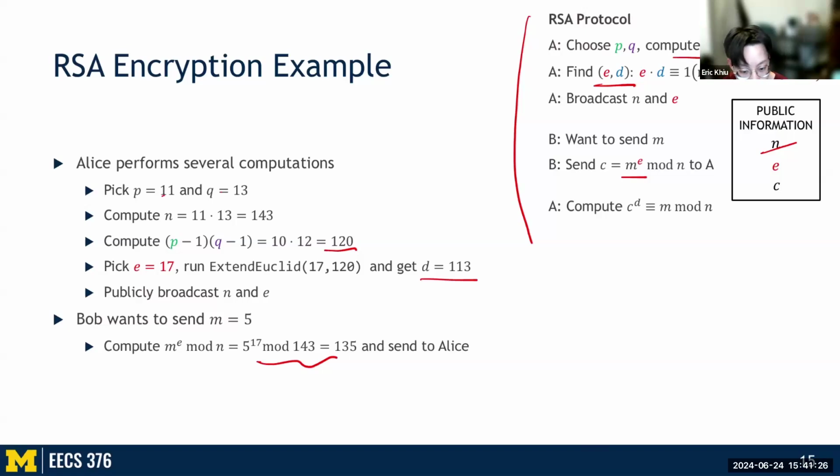To decrypt the message, Alice raises the ciphertext to the private key D, again takes mod N, and finally gets 5 as the message. Is there any question?